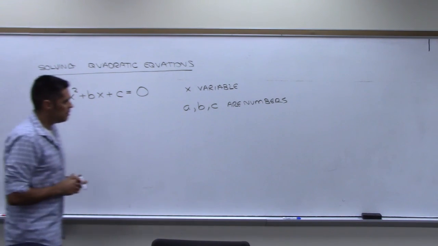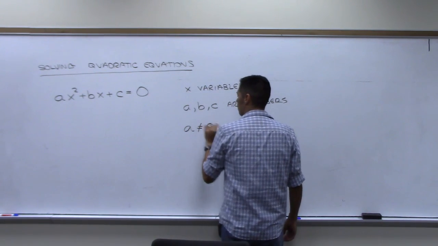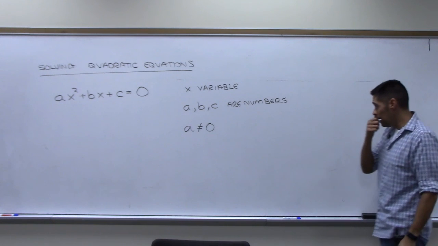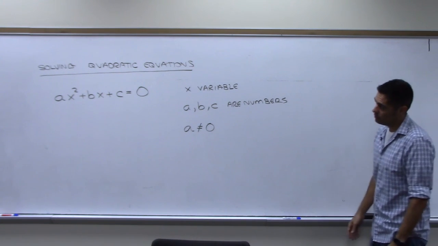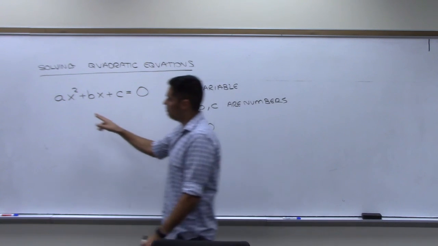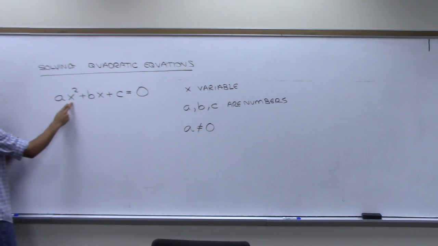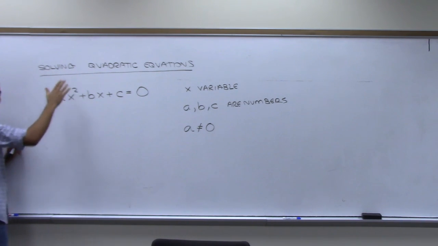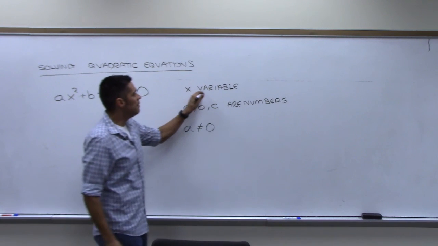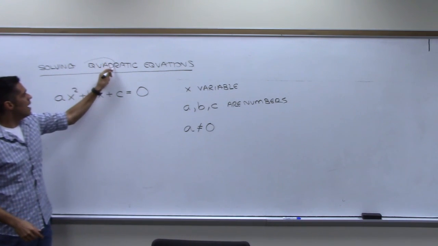There's one other additional thing. a cannot be 0. Now, why can't a be 0? If this is 0, then this doesn't matter anymore, does it? And so I could just erase that. And if I erase that, I no longer have my variable squared. And that's what it takes to be quadratic.